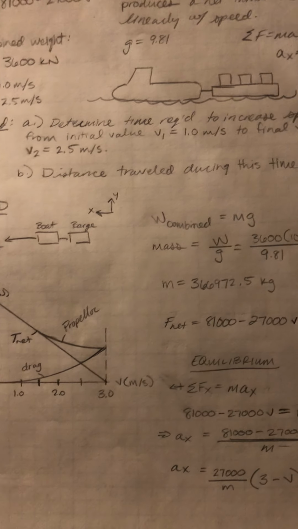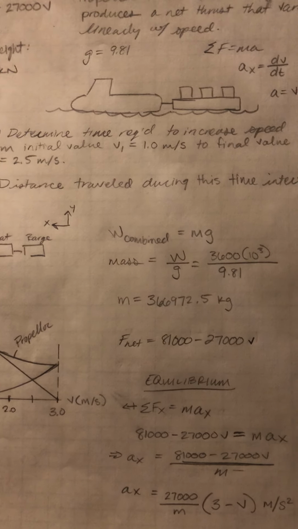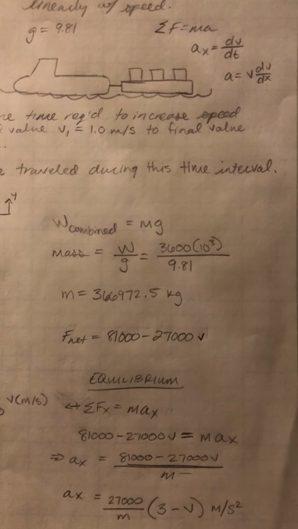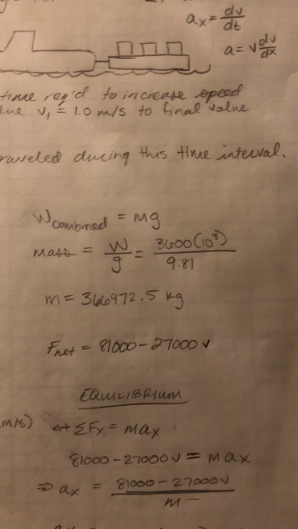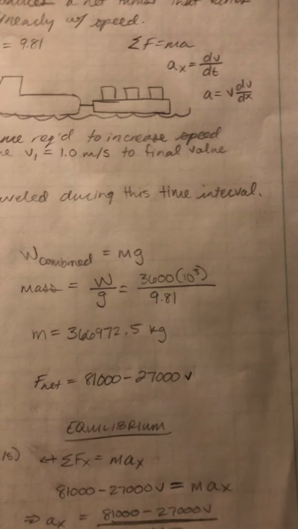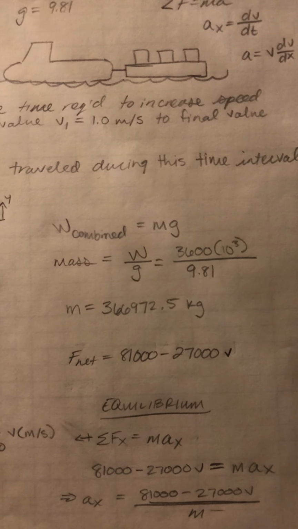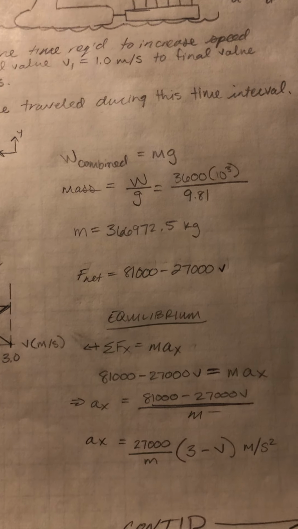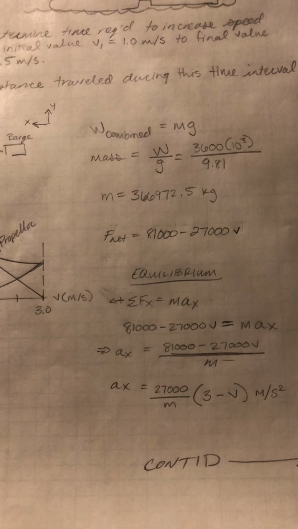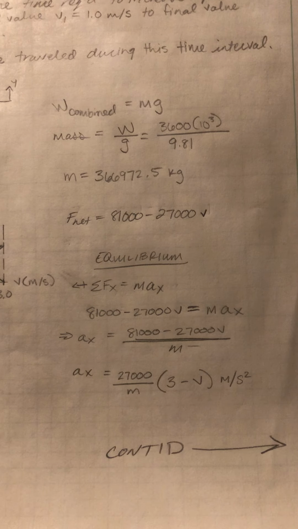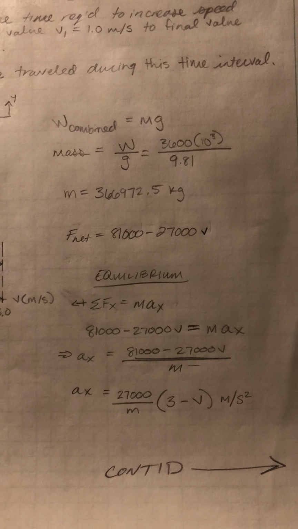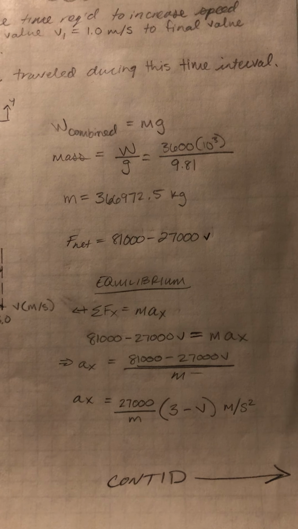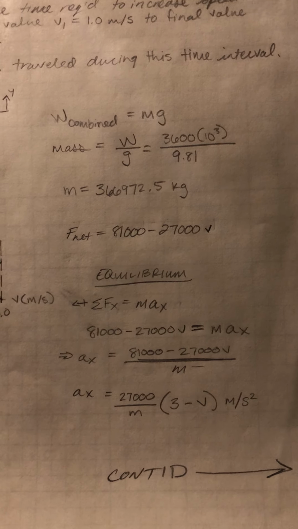From there, knowing that we have the combined weight of 3,600 kilonewtons, we determine the mass as we divide that by gravity of 9.81. We get our mass, and then using the function that we were given earlier, we know that force is equal to mass times acceleration.